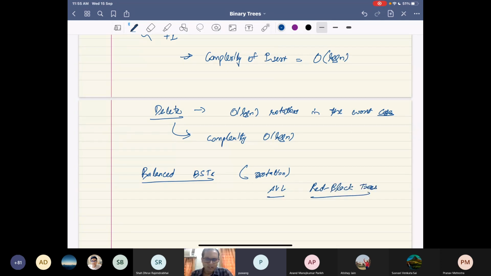So we use rotations to ensure that this property is maintained, and all the operations, search, insert, delete, remain order log n. And that is your balanced binary search tree. Once any question says balanced binary search tree, you can assume all operations, search, insert, delete, happen in order log n.